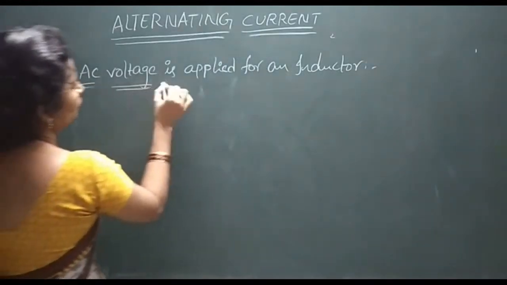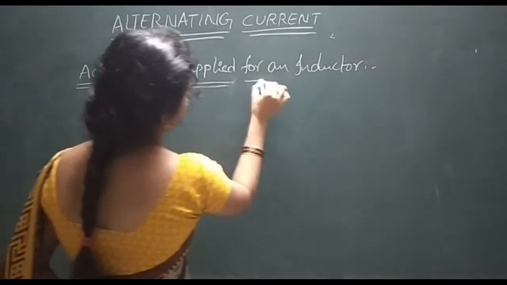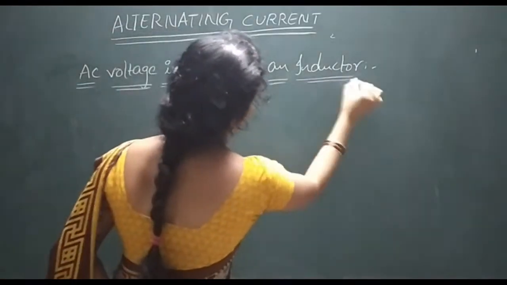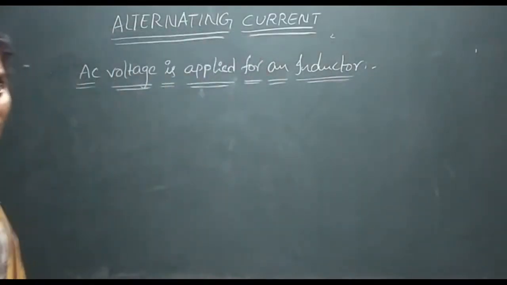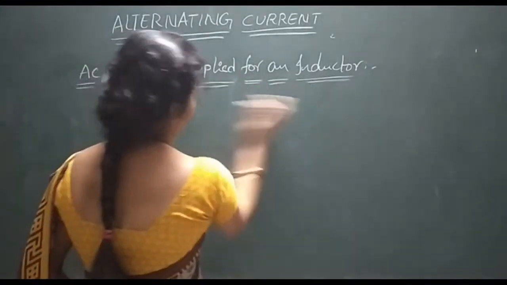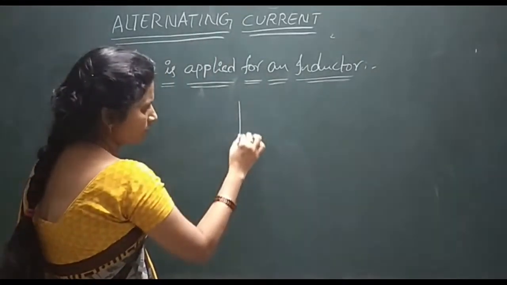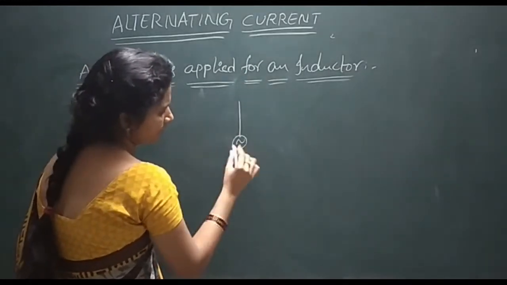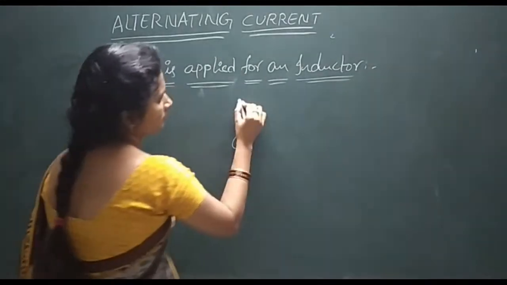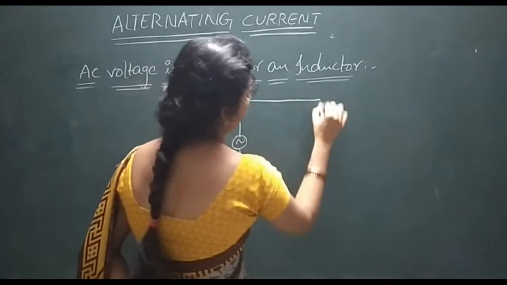What is the current when an AC voltage is applied to an inductor? Now we have to learn. This is the AC voltage applied to an inductor.